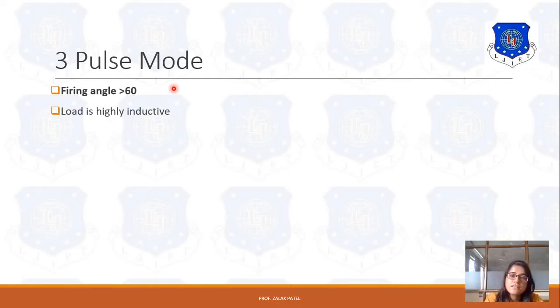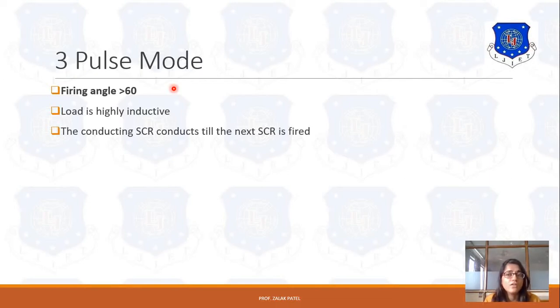In this case the load is a highly inductive load. Here the SCR conducts till the next SCR is fired, meaning once the upper SCR stops its conducting stage, then the next SCR will start to conduct. At a time only one SCR will be conducting, and then the other SCR will start to conduct.